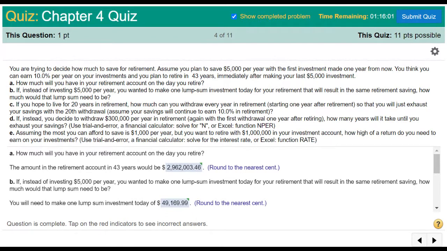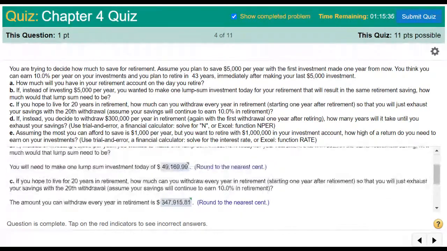N for the first part, N equals 43. IY equals 10. Payment equals 5%. Present value is 0, and then compute for future value, you're going to come out with this amount.